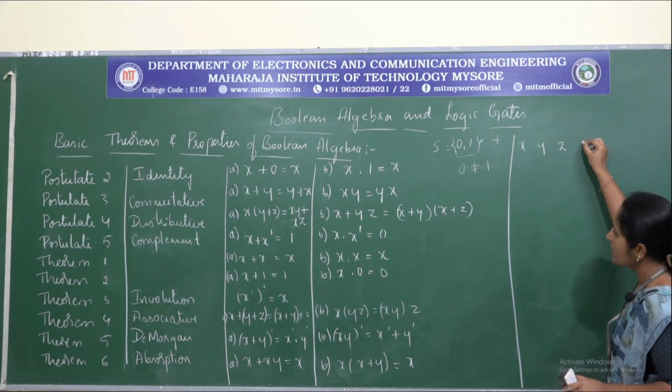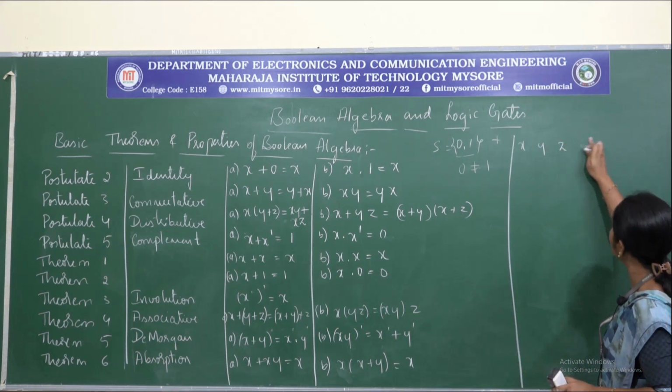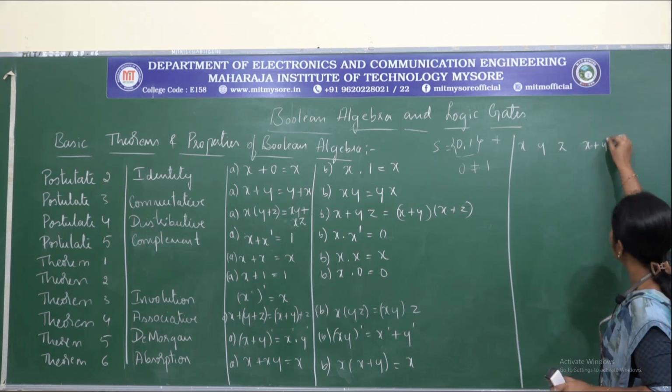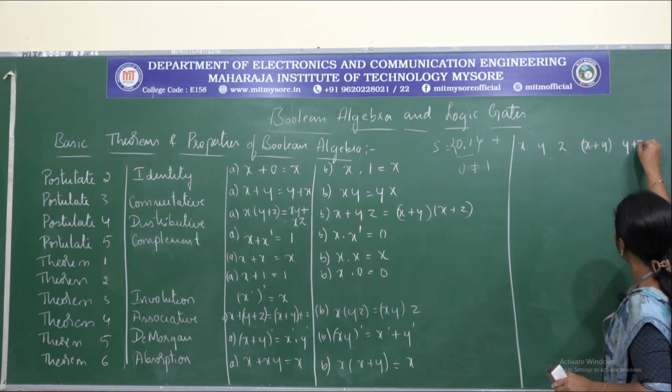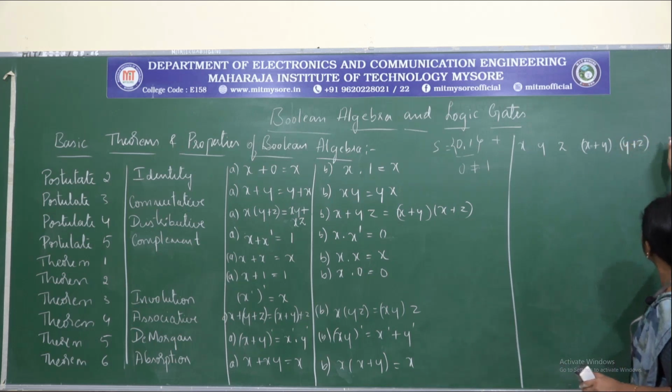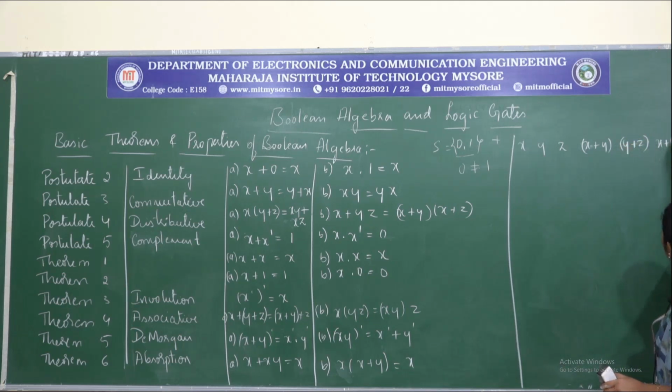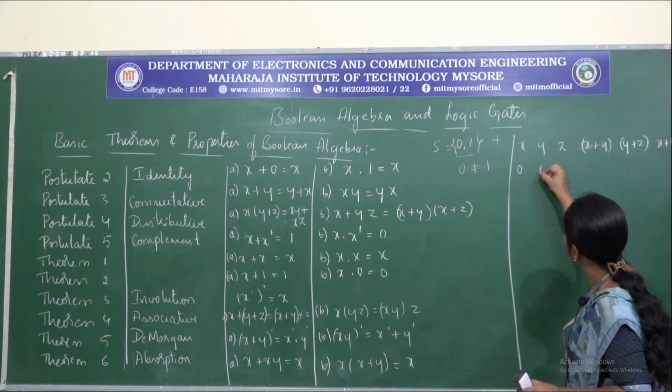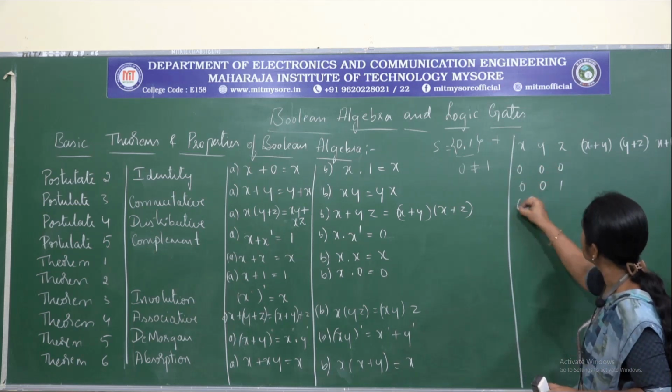Let me consider x, y, z, then x plus y and y plus z, and later x plus y plus z. So let me write the values for this.